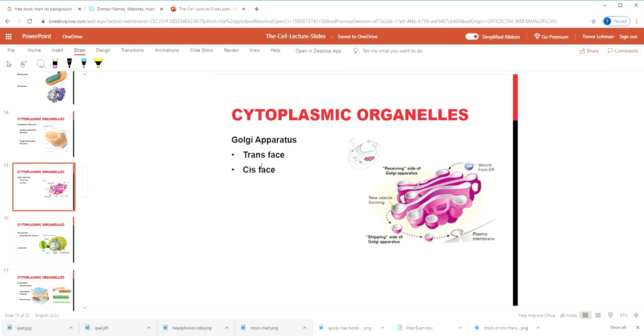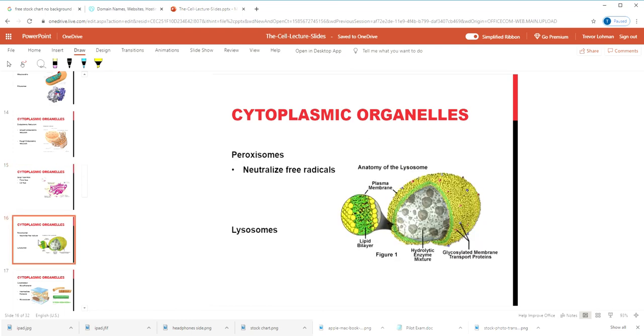That's the receiving side of the Golgi apparatus. It will be modified, maybe sugar groups will be added, things will be packaged differently. And then it leaves the Golgi apparatus for export from the cell on the trans face. That's the shipping side of the Golgi apparatus.